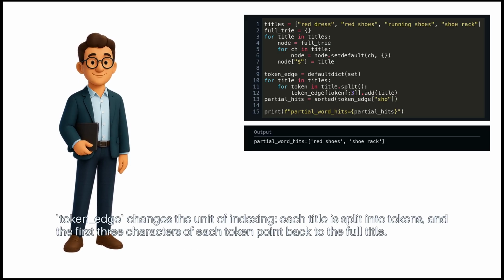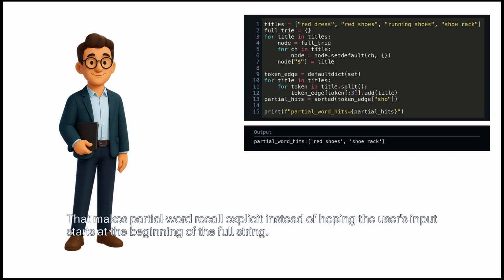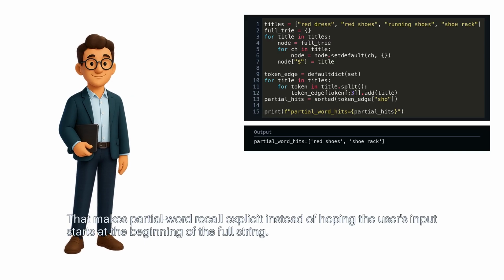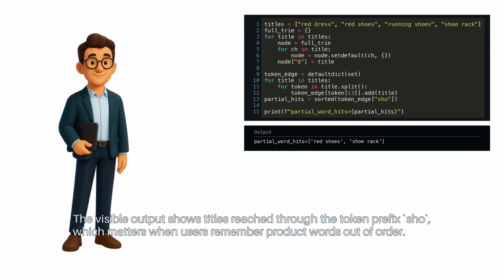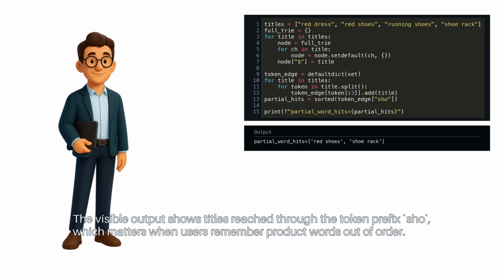Token edge changes the unit of indexing. Each title is split into tokens, and the first 3 characters of each token point back to the full title. That makes partial word recall explicit, instead of hoping the user's input starts at the beginning of the full string. The visible output shows titles reached through the token prefix "show", which matters when users remember product words out of order.